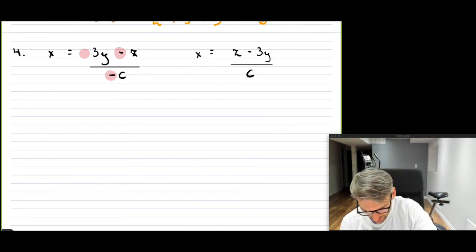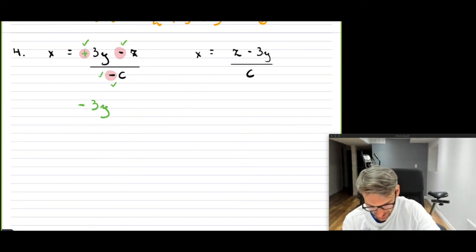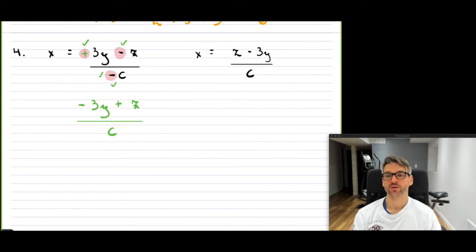So here, because this is positive, a positive and a negative is equal to negative. So this is going to be negative 3y. And then here, the negative and the negative is going to be equal to a positive z. And then that negative at the bottom has now disappeared. And you have that.